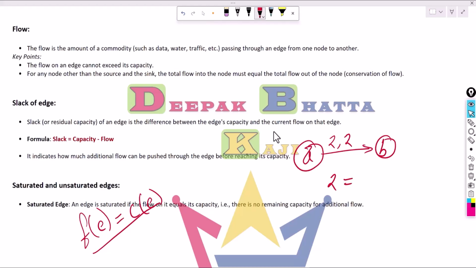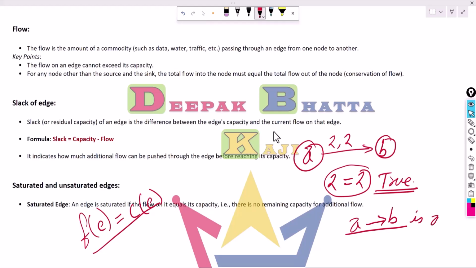So 2 equals 2, this is true. So we can call this edge A, B a saturated edge. Okay.